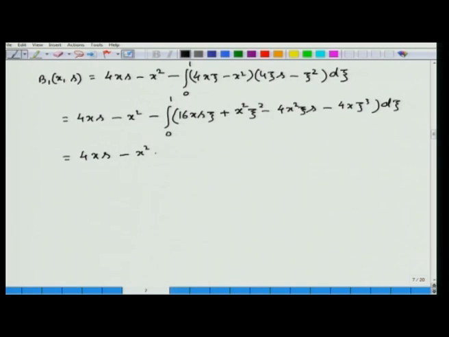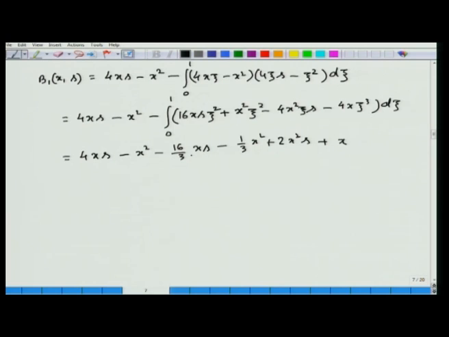And evaluating this integral you can find 4xs − x² minus, from the first one, 16/3 xs plus 1/3 x² minus 2x²s plus x. This will actually be minus, because the integral of ξ² from limit 0 to 1 is 1/3.